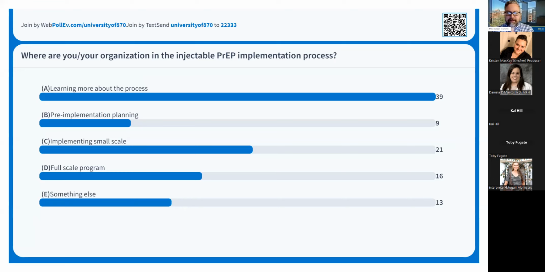Great. I see some stuff pretty much all over the board. Most folks, though, are learning more about the process. And we have some implementation already going on for some folks. Great. All right. Thank you for letting me know in the Q&A as well. Let's go ahead and take a look at the next question.